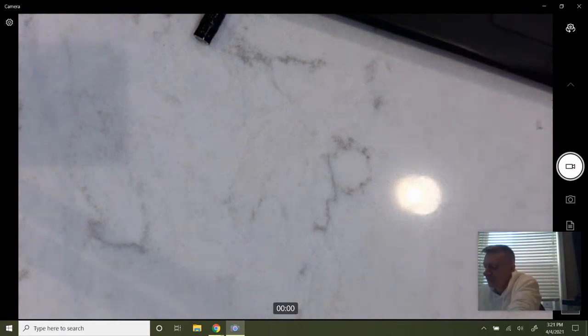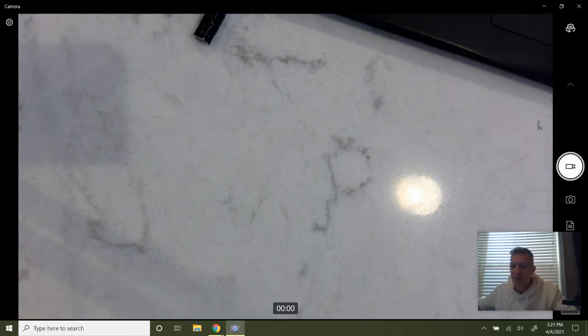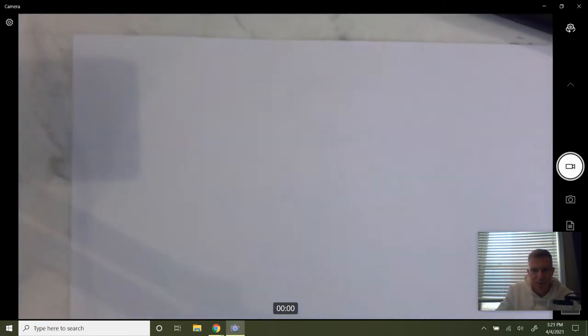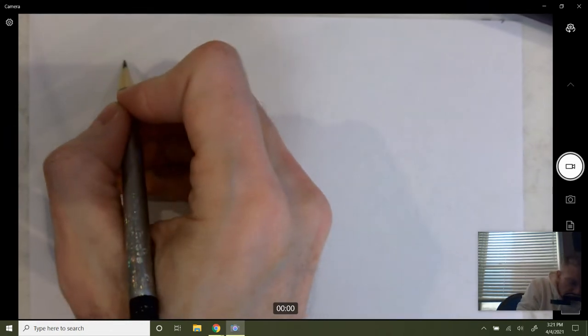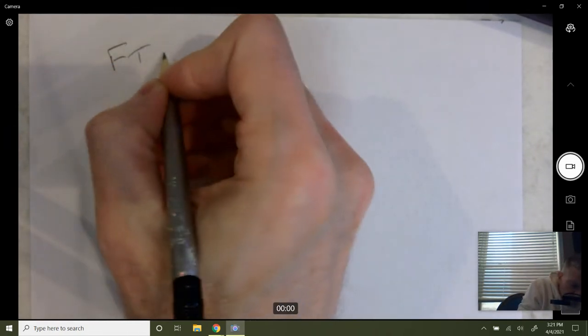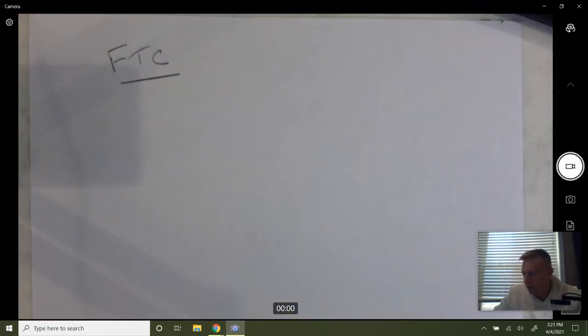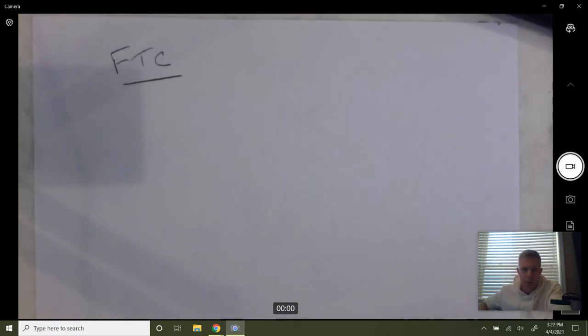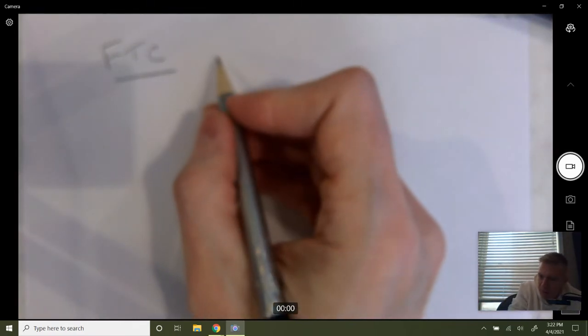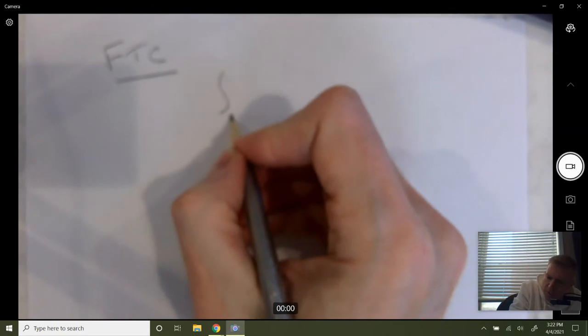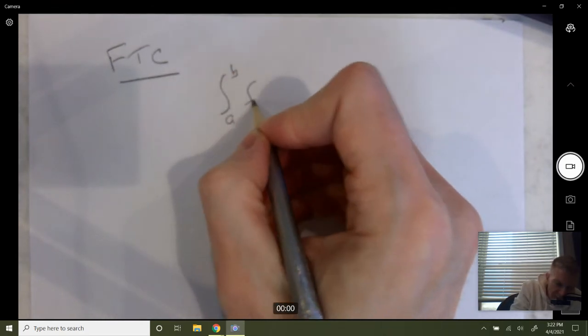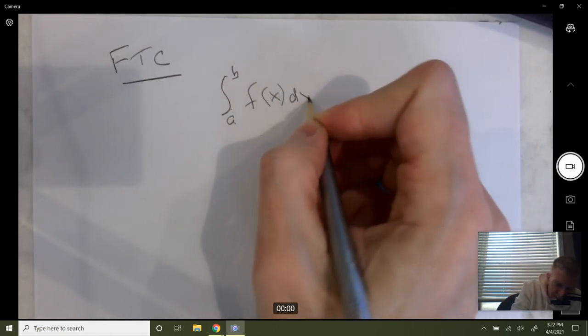So let's relate this to something that you did back in Calc BC. You had the fundamental theorem of calculus. Okay, when you evaluated the fundamental theorem of calculus, there were parts 1 and 2. I don't know what your book calls part 1 and part 2, but this is the one I'm talking about, the integral from a to b of f of x dx.